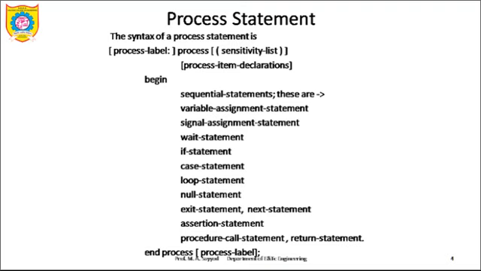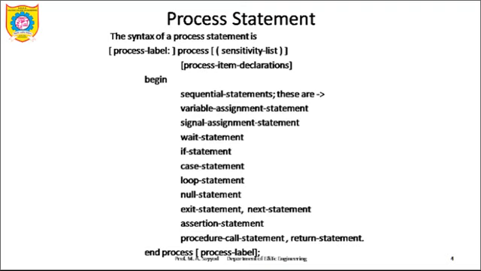These are called local declarations, and you can declare locally over here the things which are needed by the process.